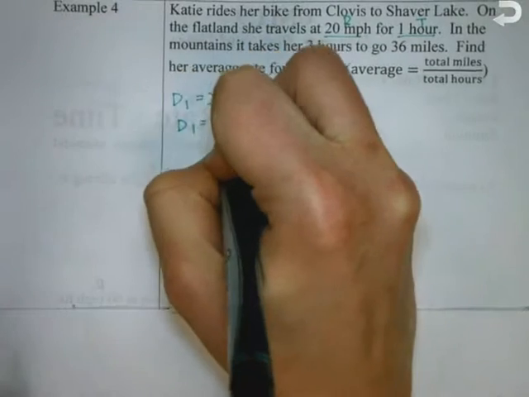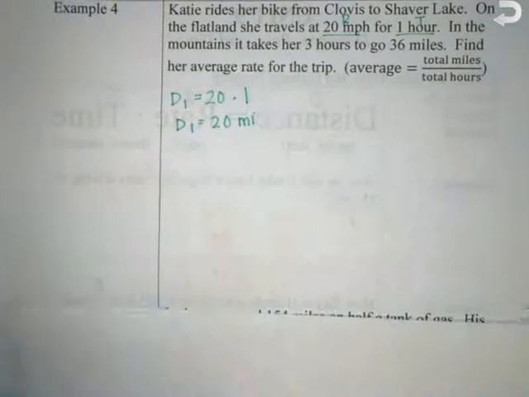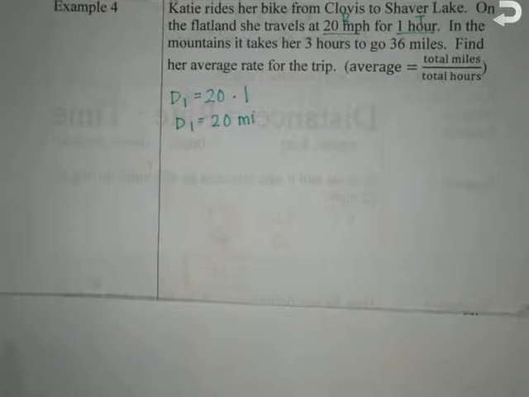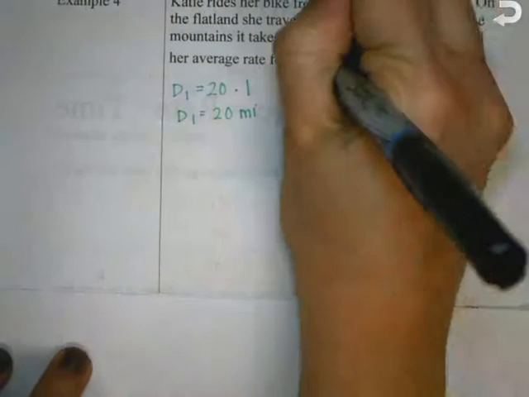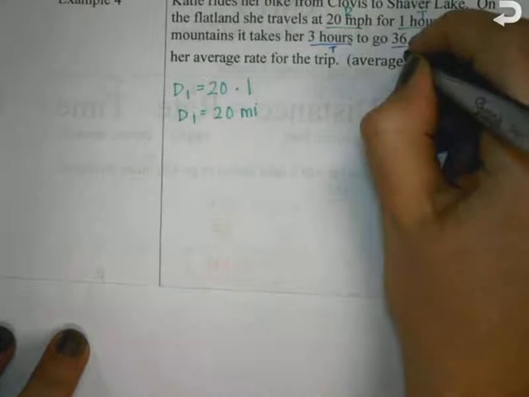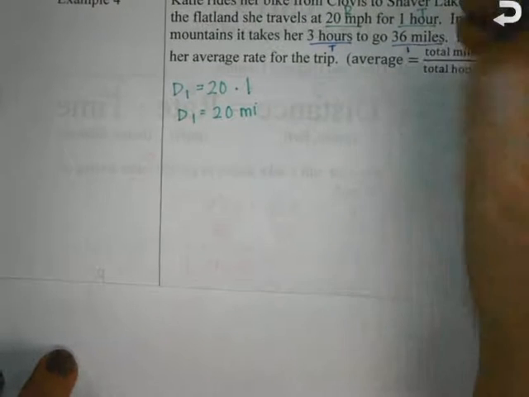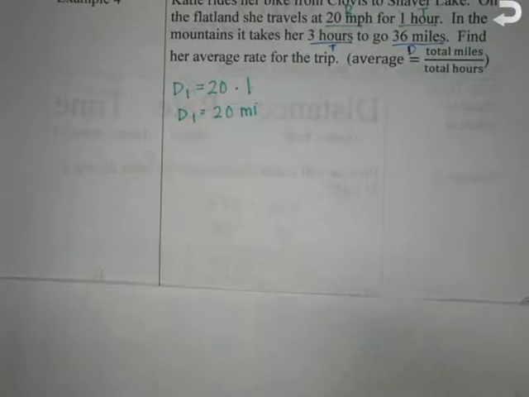In the mountains, it took her 3 hours, that's a time, right? To go 36 miles. Is that a rate or a distance? So do we know her distance in the mountains? Yeah, it was 36, right? So how do I find her total distance? Add.